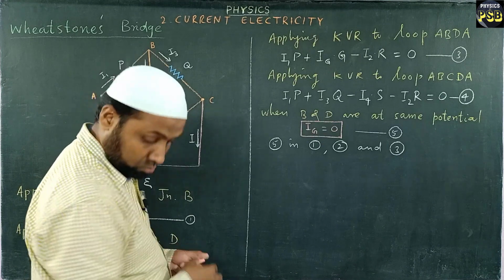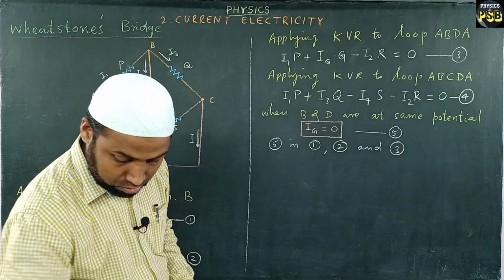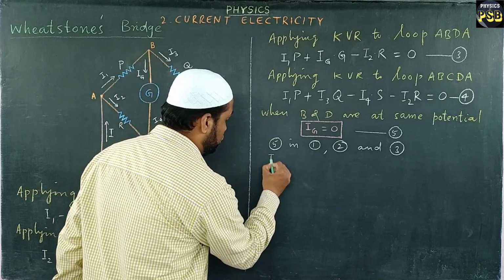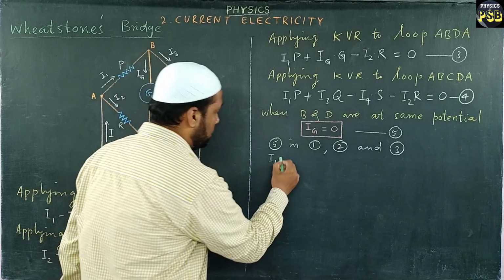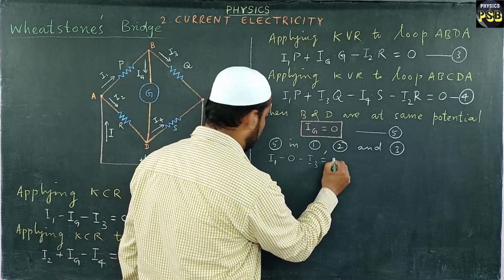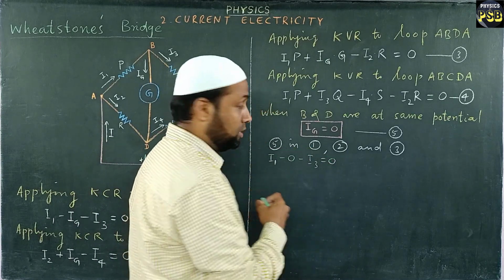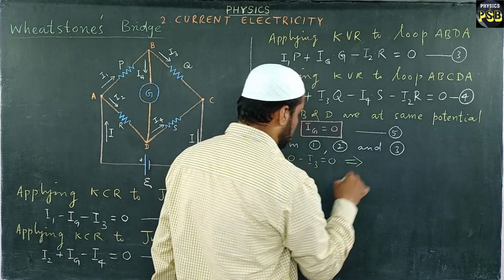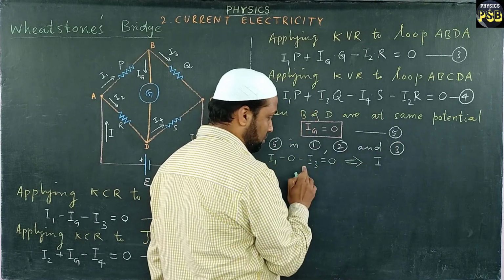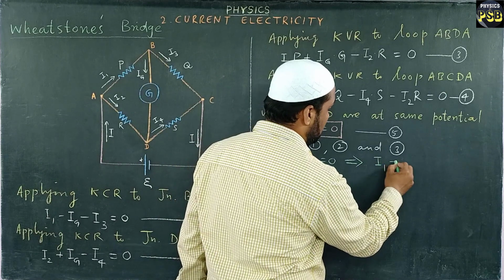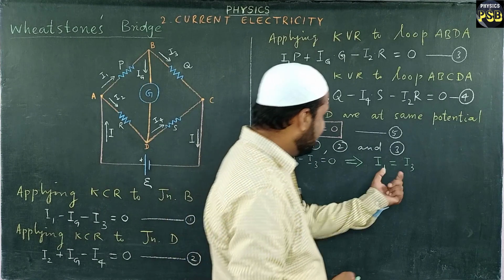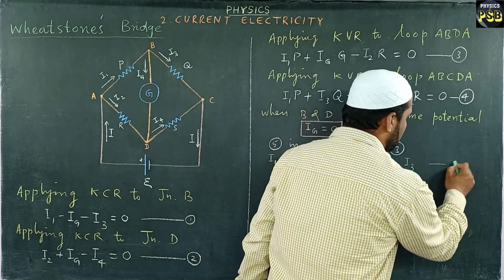So I1 minus 0 minus I3 equals 0. This can be written as I1 equals plus I3, when I take I3 to the other side. Now I take this as equation number 6.